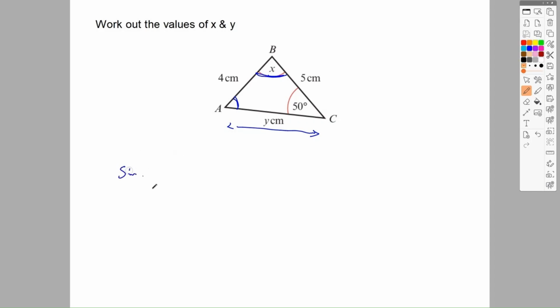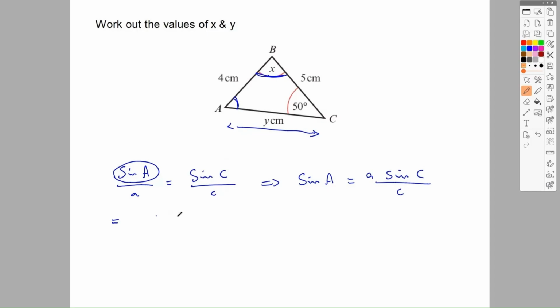So sine A over a equals sine C over c. So I need to find sine A here. So I have to multiply both sides by a. So that means sine A equals a sine C over c.